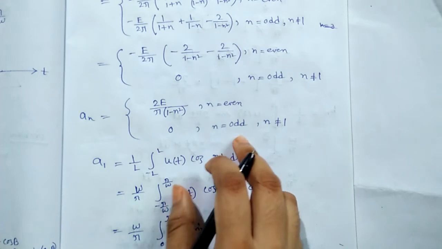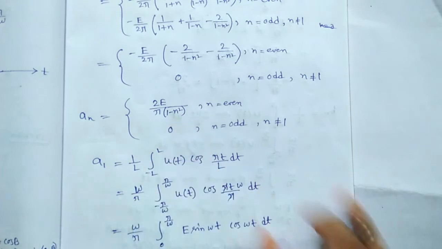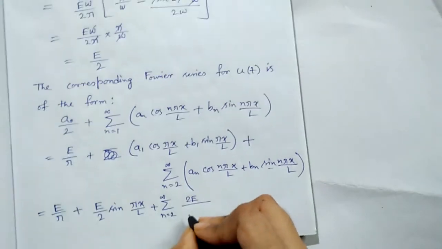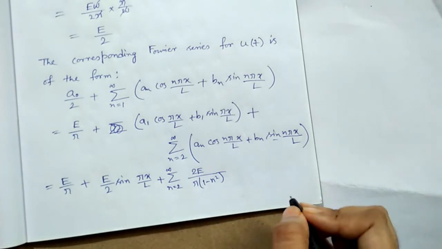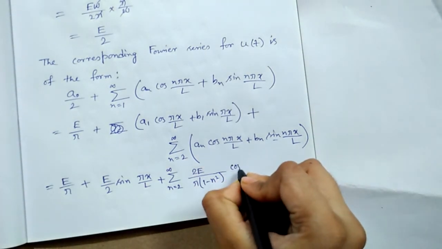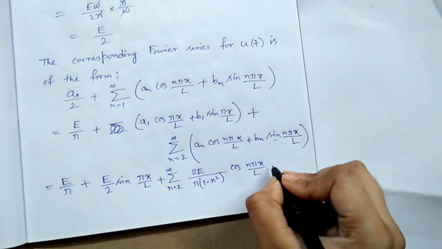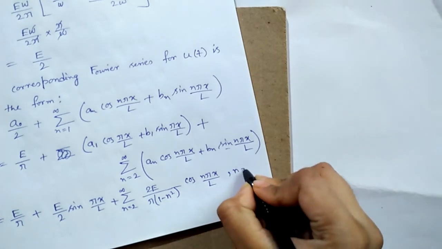See, for n equal to odd, an is 0, and for n equal to even, an is 2e by pi into 1 minus n square. So 2e by pi 1 minus n square cos n pi x by L, then plus bn, and the value of bn is 0, so this term is 0, and this is for n equal to even.